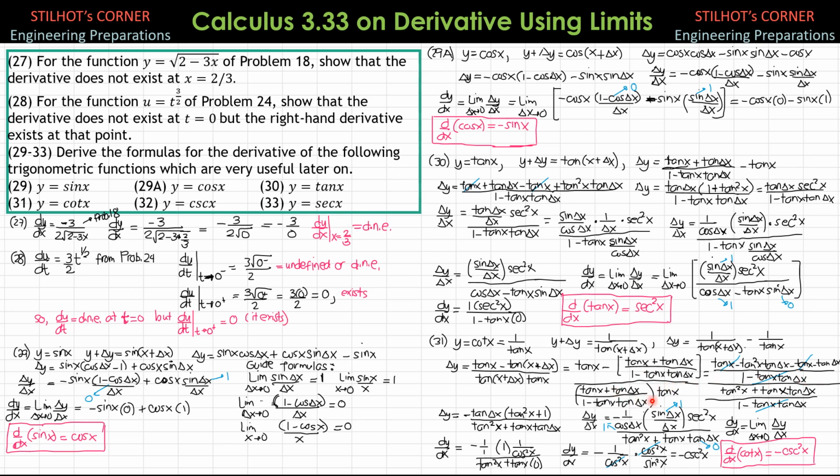In the denominator, the LCD is the same, all over tangent x times tangent x plus tangent square x tangent delta x, all over 1 minus the same denominator, tangent x tangent delta x.